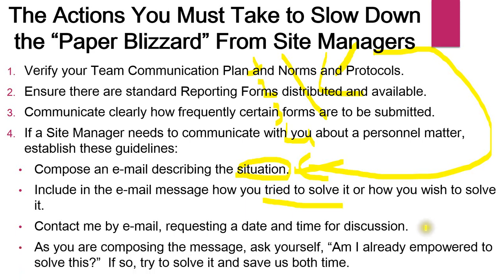As you are composing the message, ask yourself, am I already empowered to solve this? If so, try to solve it and save us both time. So before writing to him, you should understand whether you are capable, whether you have the power to solve the problem. If not, then you tell him clearly, I am not the right person to fix the problem, or give him direction.